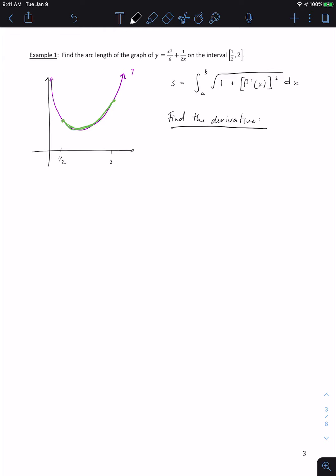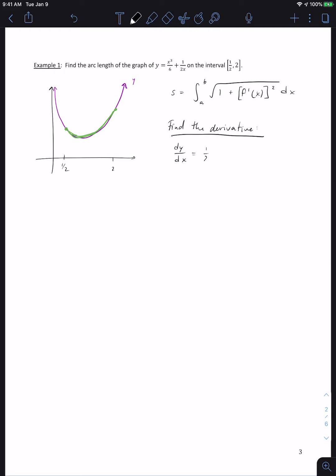In this case, our function is y, so our derivative is dy over dx, and that's going to be equal to, if I took the derivative of x cubed over 6, I would get 1/2 x squared. And then 2 over x is the same as 1/2 x to the negative 1, so when I take the derivative, I get minus 1/2 x to the negative 2.